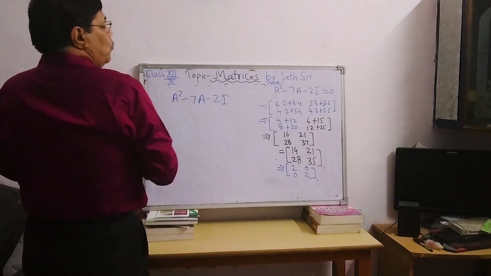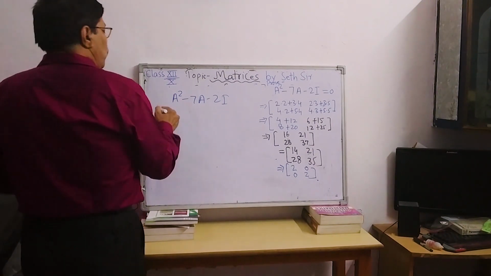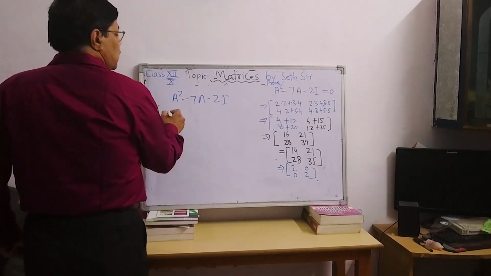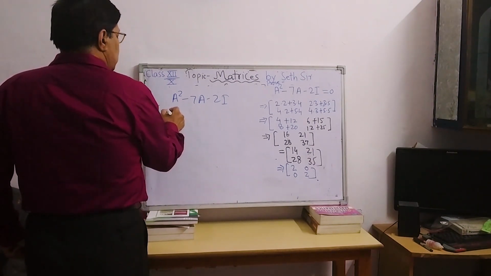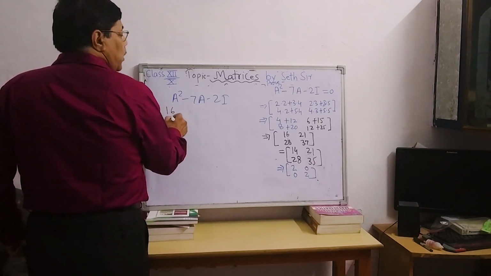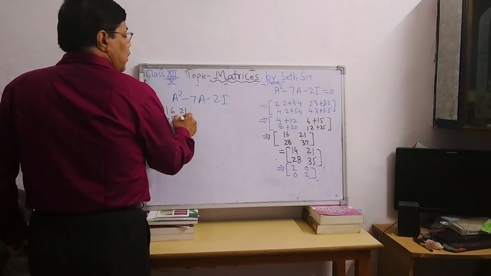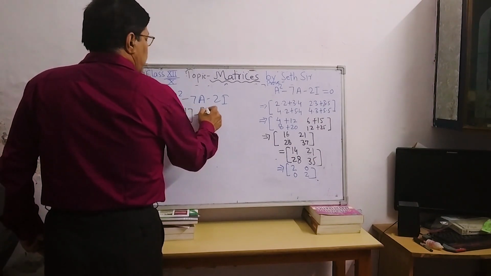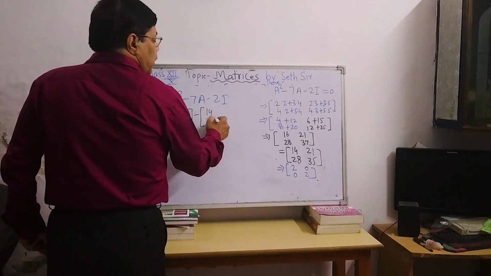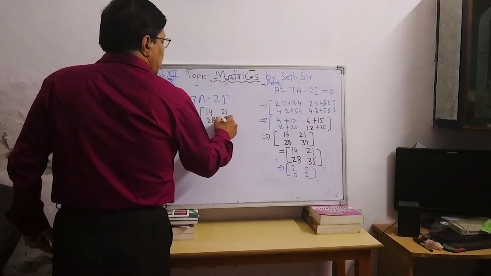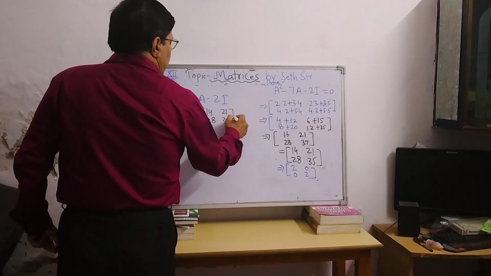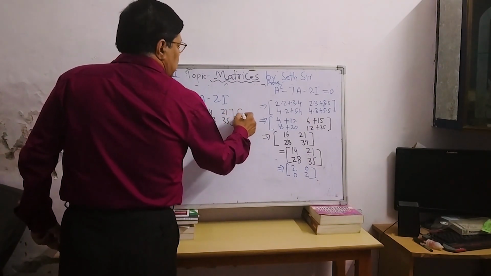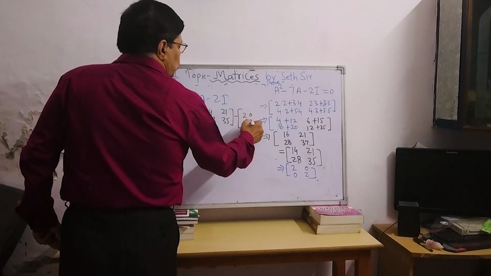Now quickly put the values over here. A square is 16, 28, 21, 37, then minus 14, 28, 21, 35, then again a minus sign, 2, 0, 0, 2.